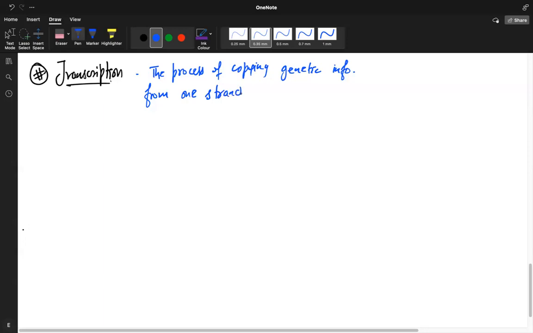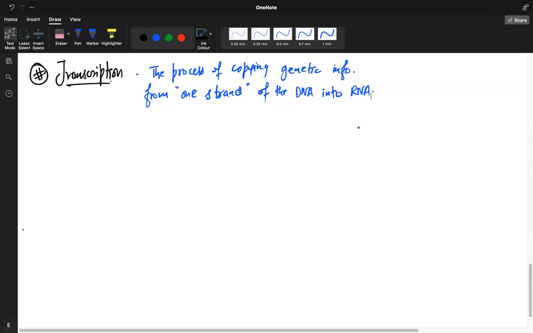Now pay attention to this word, highlight it, one strand. One strand of the DNA into RNA is transcription, okay?